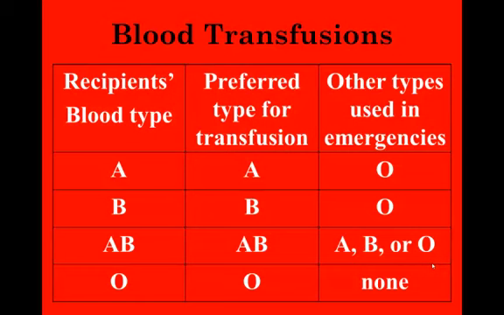But it's neat how God works. The rarest type of blood, AB, look at what they can receive. Obviously, in preference, they want AB. But in emergencies, they can use A, B, or O. And because of that, type AB blood is known as the universal recipient.